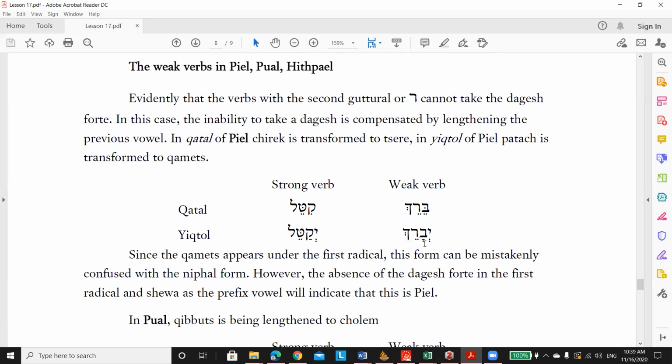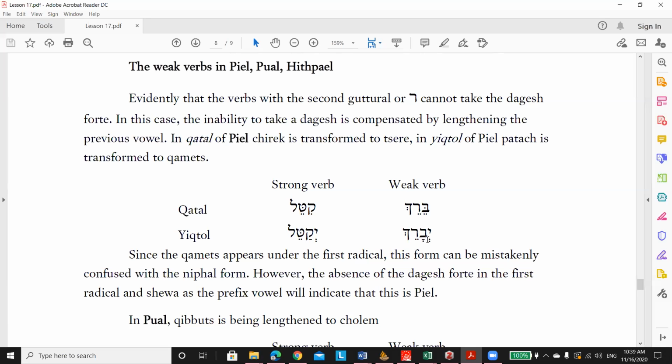Pay attention. In some cases, you can confuse this form with the nifal, because nifal also has kametz under the first radical. But what is the difference between Piel and nifal? Nifal has a dagesh forte in the first letter, but this word doesn't have a dagesh forte, and the vowel is different.